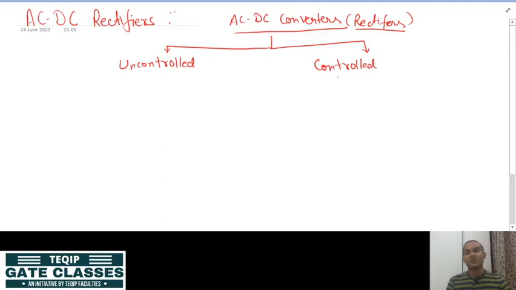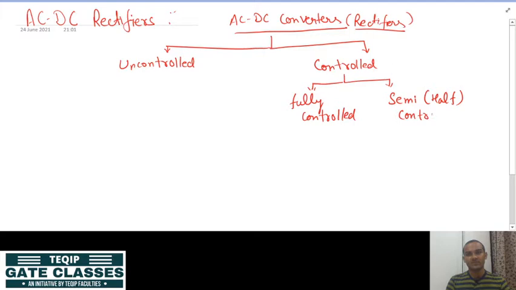When we talk about controlled rectifiers, there are further two categories: fully controlled and semi controlled or half controlled. Please do not confuse it with half wave. Half wave is different and half controlled is different. We will talk about these in subsequent lectures.